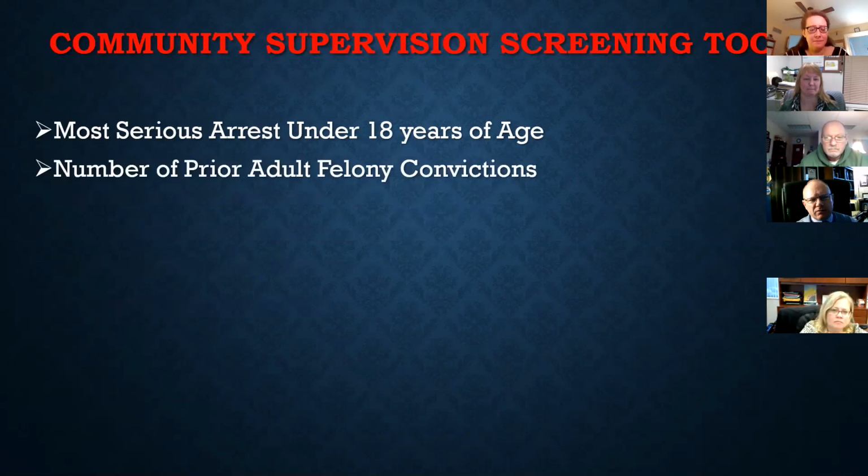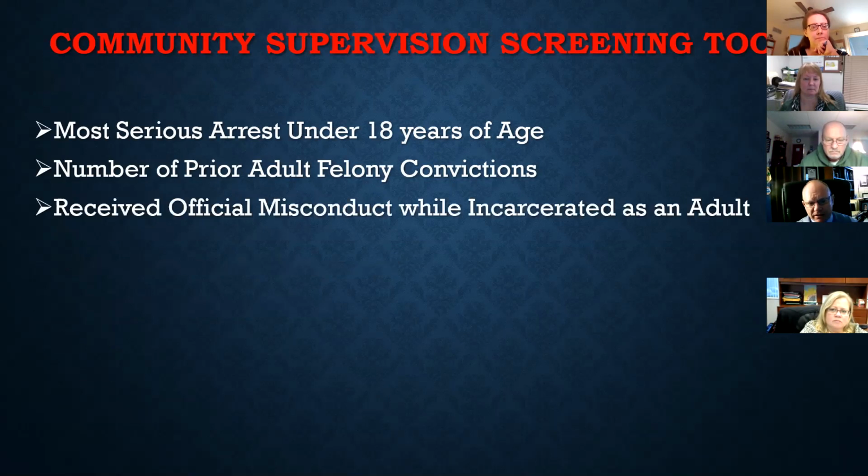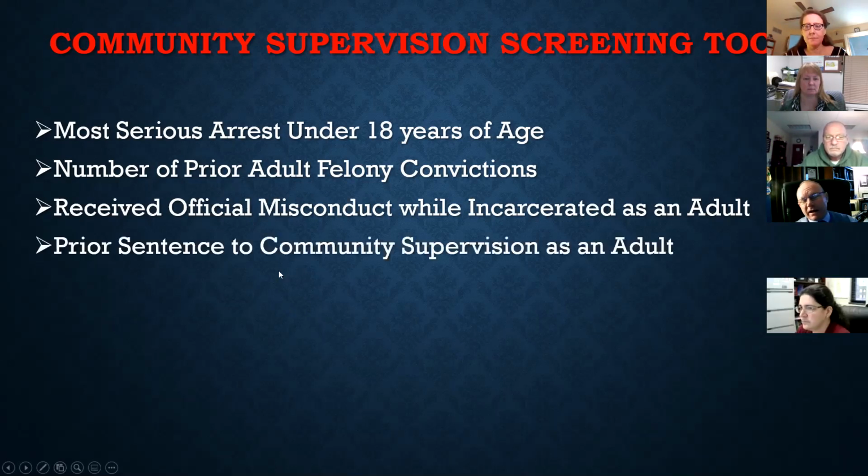Most serious arrest under 18 years of age; number of prior adult felony convictions, okay, and felony is the key word; received official misconduct while incarcerated as an adult. That could be if you were in pretrial status, in prison pending sentencing, we would be able to look at any misconduct during that time, and of course any prior history as well.